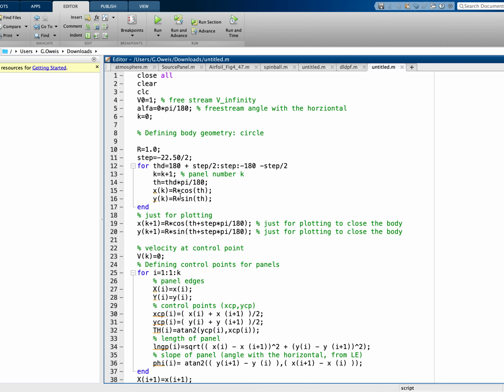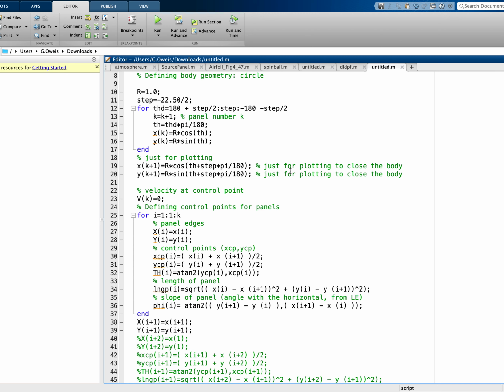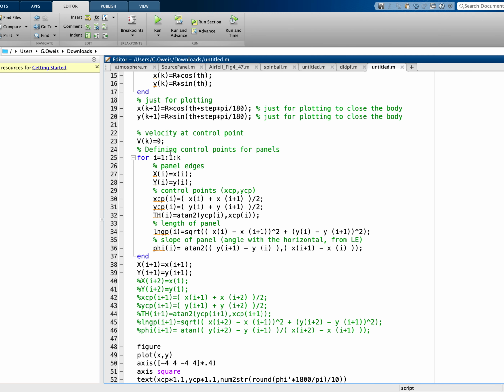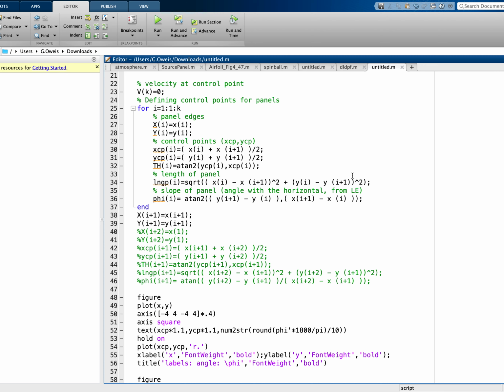So this xy definition of the locations of the panels is going to differ. So here I'm defining the body and I'm also defining the panels. And then I get the control points on the panels, and I compute the length of each panel.